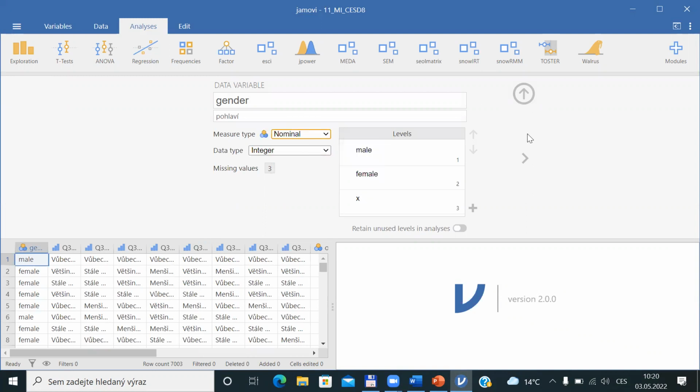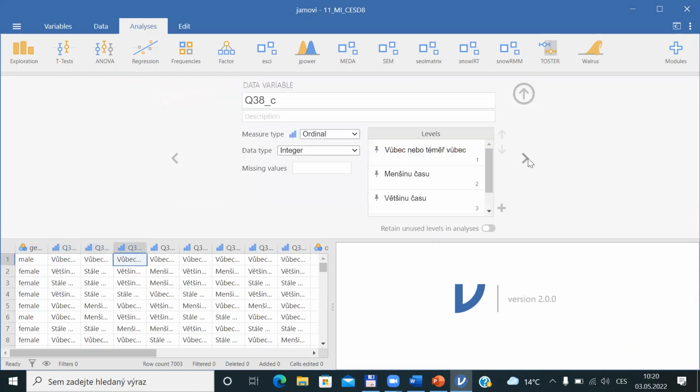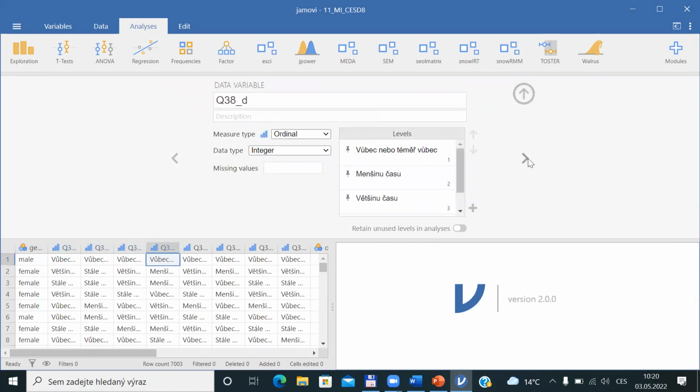And then we have the next variables that are called Q38A, B, C, D, etc. And these are measurements of depressive symptoms. And if I remember well, the last item is H, which is a set of CESD, a well-known scale for measuring depressivity symptoms.